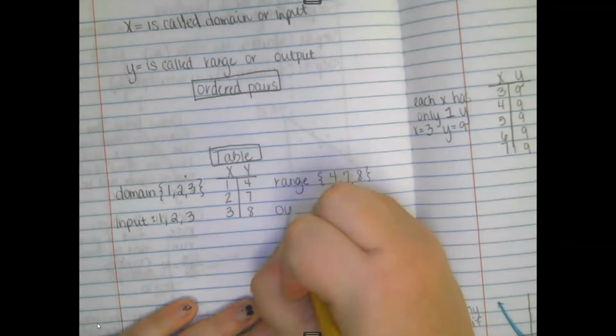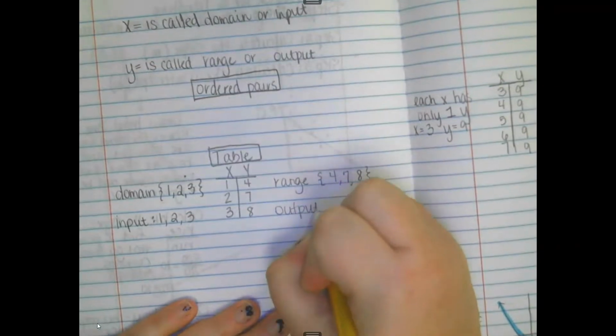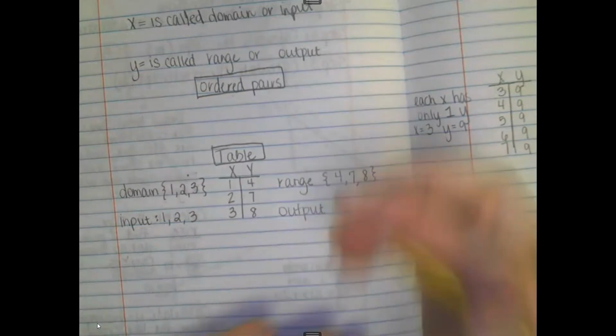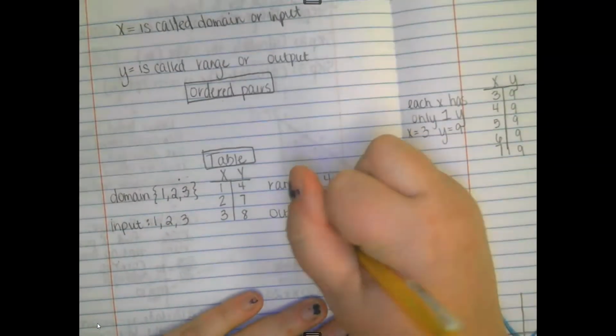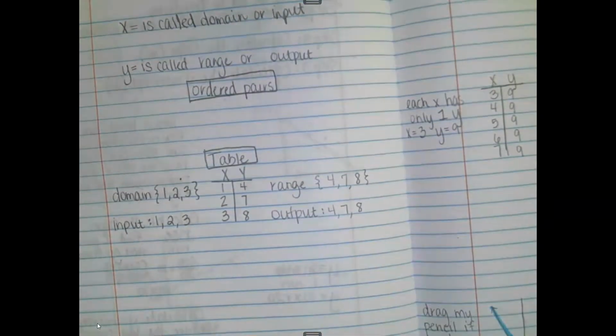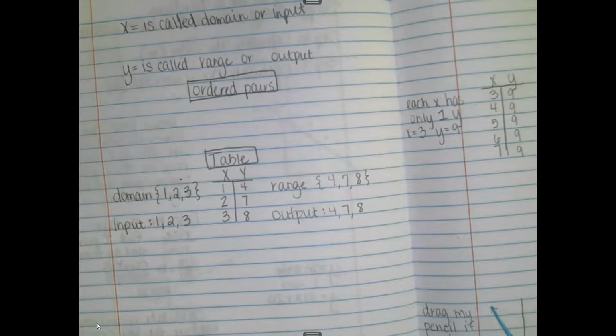We draw them so much in Algebra 1. Yes, sorry, I teach an algebra class also. My output, which is also my Y values, are 4, 7, and 8. We're not going to look at input and output with a graph because we don't need to look at the input and output for a graph. You'll look at that more next year.